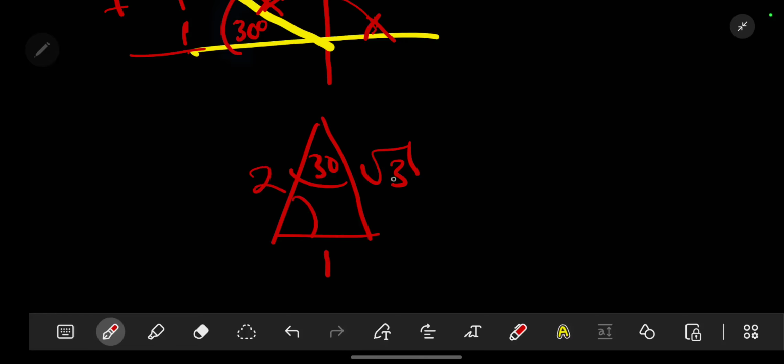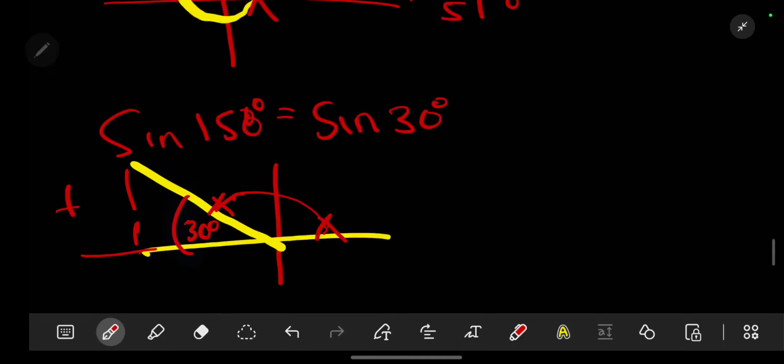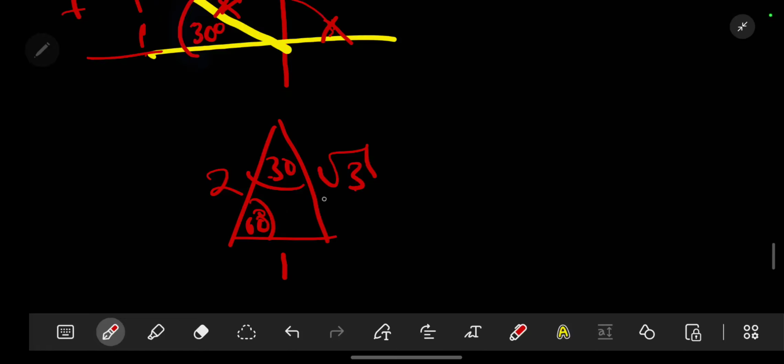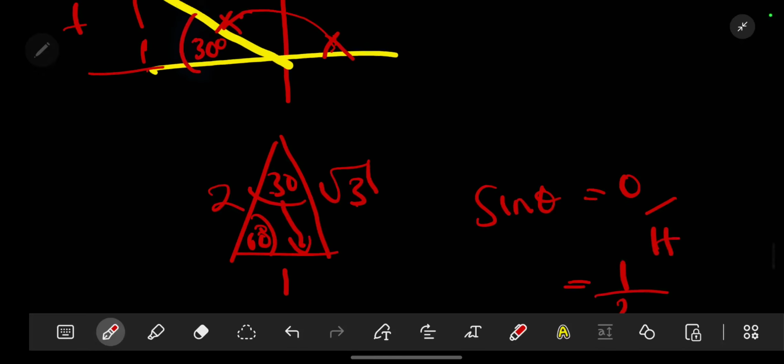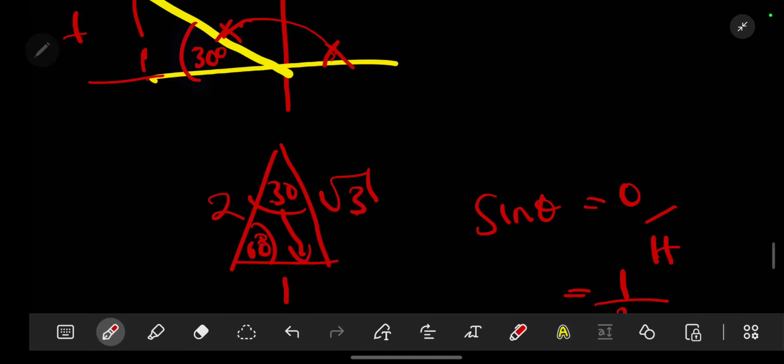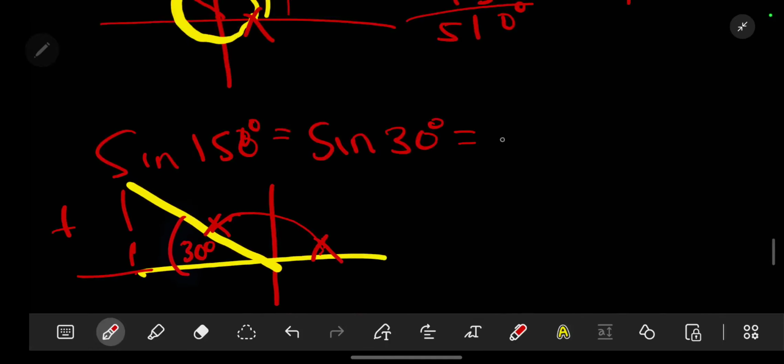Just look, 30 and root 3 have one thing in common, which is a 3. That can help you remember. The sine of theta is opposite over hypotenuse. The opposite to 30 is 1 over the hypotenuse, which is 2. So the sine of this value will be equal to 1 over 2.